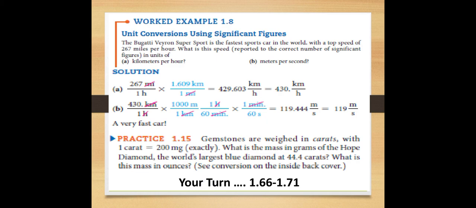So there are some other examples. For example, this is the sport car in the world with a top speed of 267 miles per hour. We are provided with the speed, and we have to convert the speed into kilometer per hour or meter per second. First of all we have to convert it into kilometer per hour.